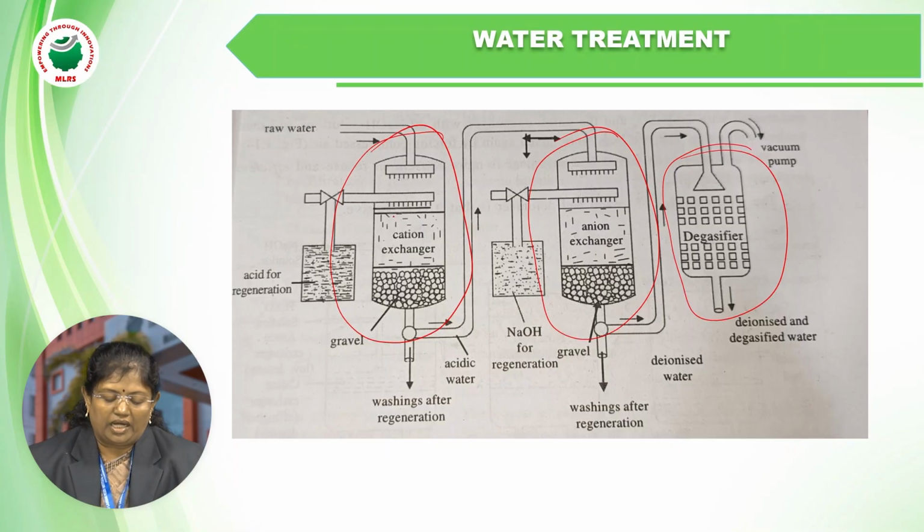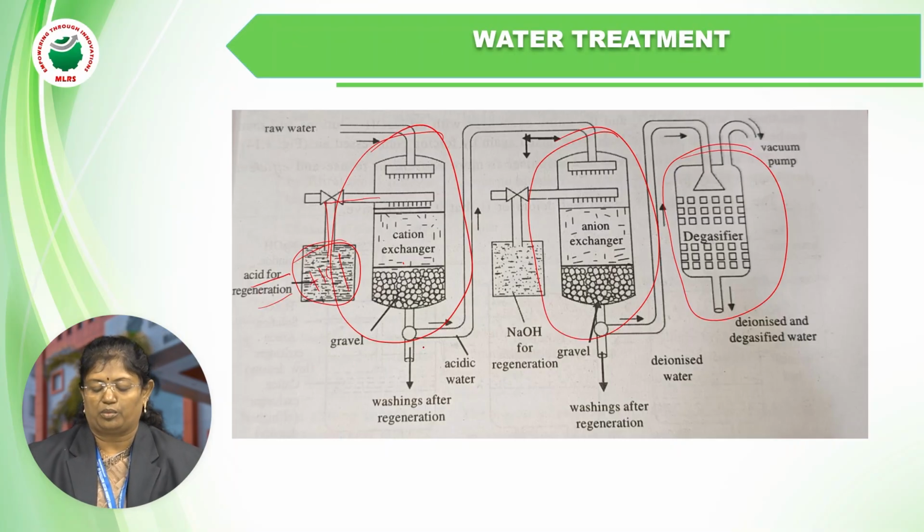Now, this cation exchanger is connected with another container for regeneration, filled with acid. You may consider HCl or H2SO4 filled and connected to the cation exchanger. We will discuss why it is connected to this at the end of this topic, after the process.